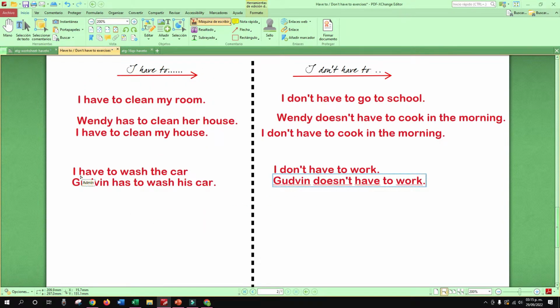Vean, si ustedes lo dicen así como ustedes la leyeron, o si alguien más la está diciendo sobre usted, ¿verdad? Tercera persona o como que ustedes lo están diciendo. Entonces, I have to wash the car, or in this case, Goodwin has to wash his car. O pueden decir, he has to wash his car.